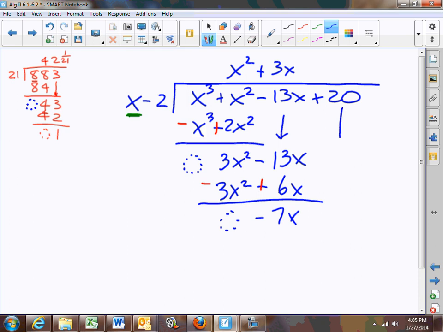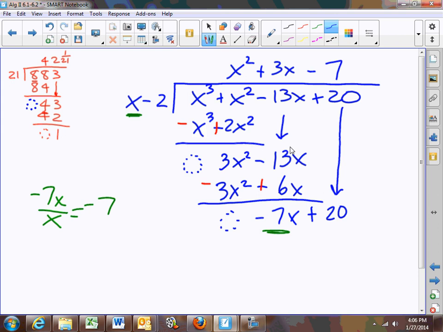Once again, bring down the next number, so we have plus 20, and we look at the x, and we look at the negative 7x, and we ask ourselves, how many times does x go into negative 7x? And the answer is negative 7. So we're going to put a negative 7 right here.